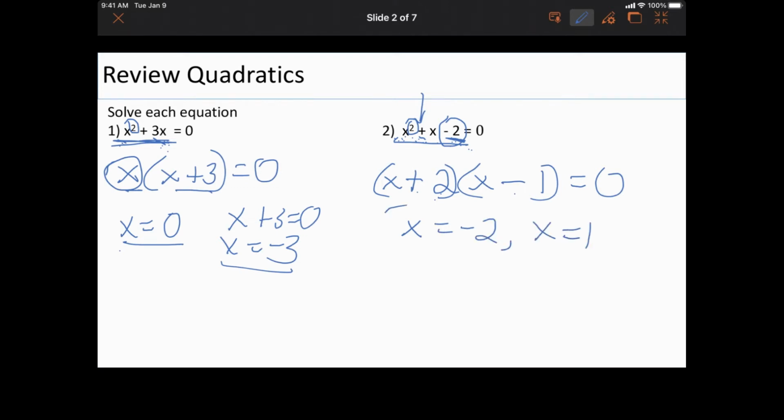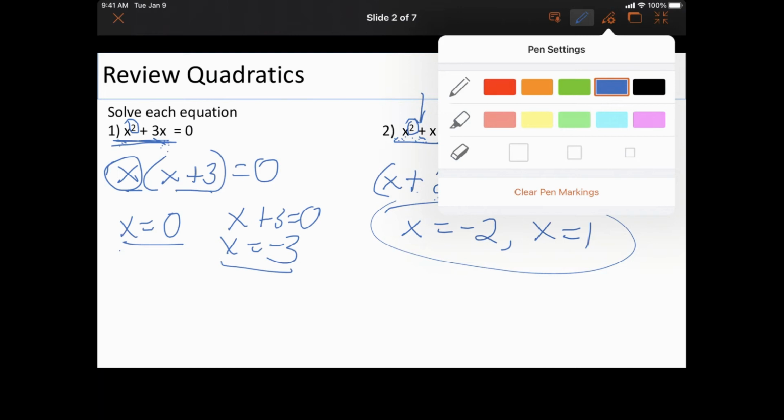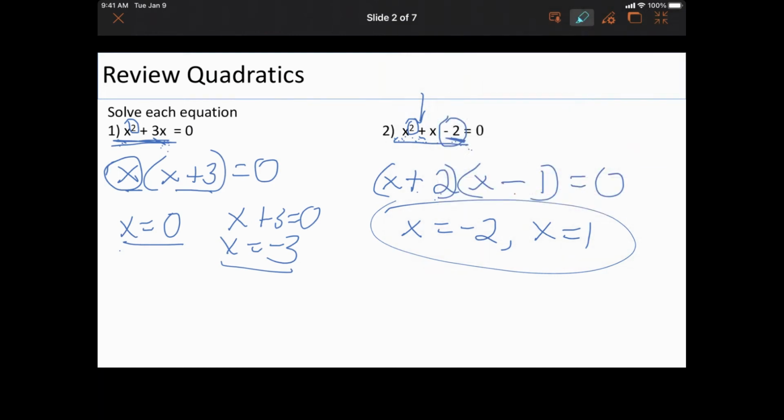So in both problems we're factoring, just the factoring is different. Here it's GCF. Here it's binomials. 2 binomials. Okay.